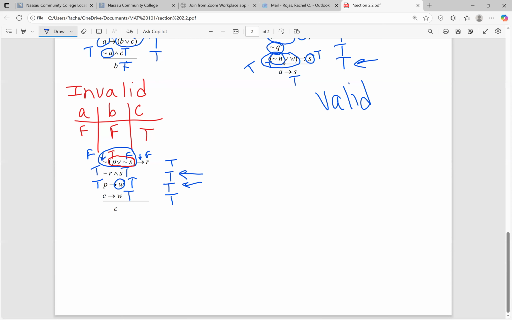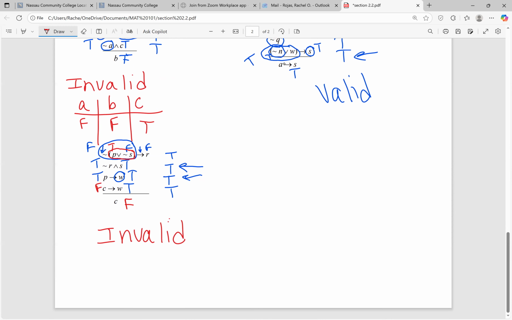Now let's talk about C. C now could be either true or false, right? Because a true to a true is true, or a false to a true is true. So C really could be either or, but when C is false, the conclusion would be false. And that would show that this argument is invalid, right? And we would have a counterexample.